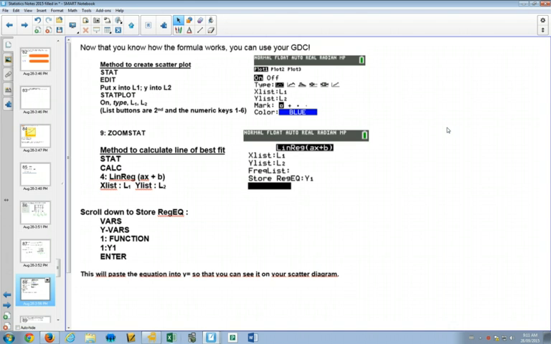Newer calculators will come up with this screen on the right. Older calculators will just have LinReg, ax plus b show up in your screen, and then you just push enter. The newer calculator here allows you to store your regression line, and so if you type y1 into there, then it'll automatically put it into your y equals.